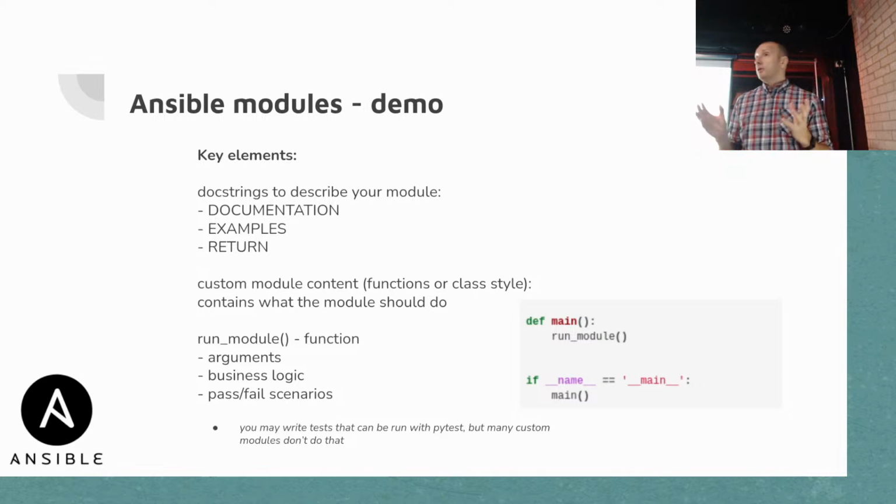The run module function can be called just run, but the boilerplate calls it run module. This is where, from the upstream class, you invoke the Ansible module, you pass in the arguments, you give all the pass and fail scenarios, so what your module does, and in which case you exit with a fail, or in which case you exit with a passing return code.